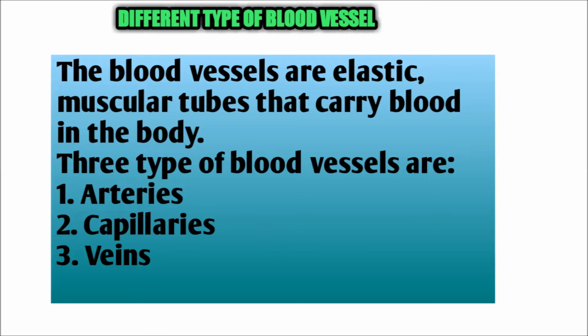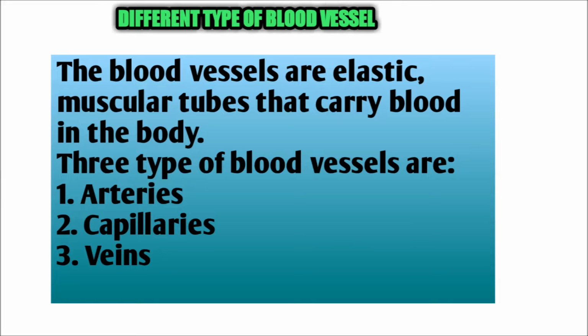Actually, the blood vessels are channels, or pipe-like structures. They are spread throughout our body, and the main function of all three blood vessels is to carry the blood, pure or impure, from one part of the body to another part.